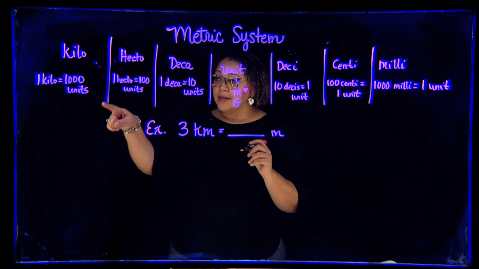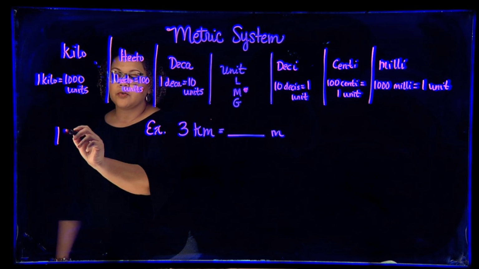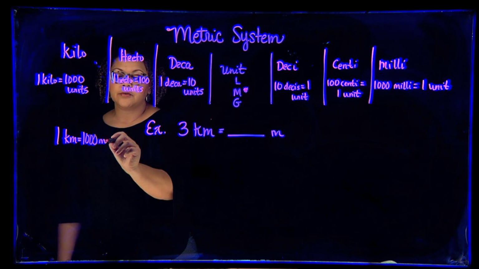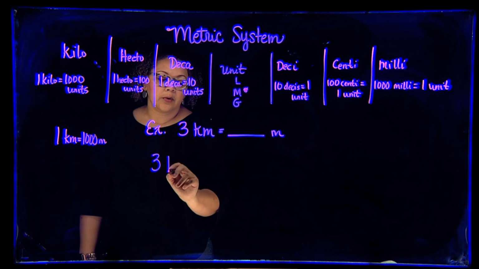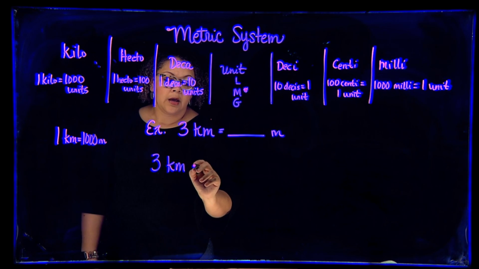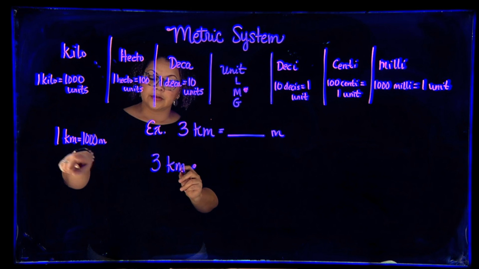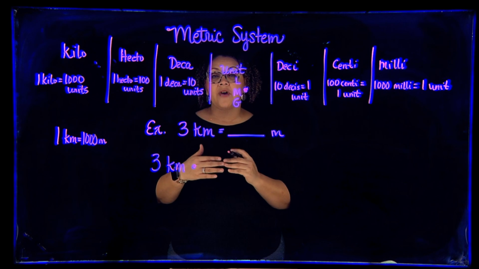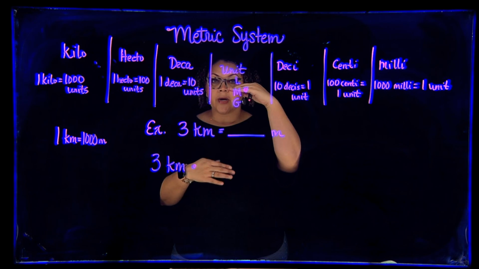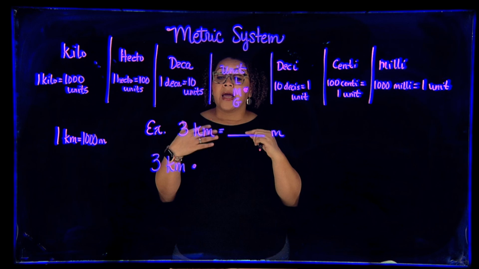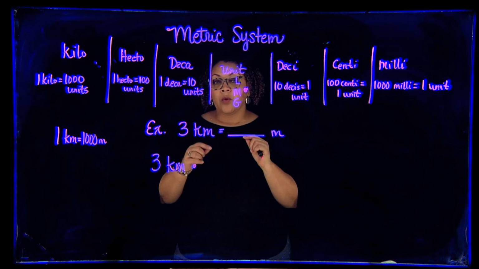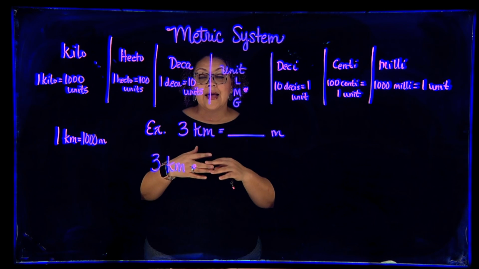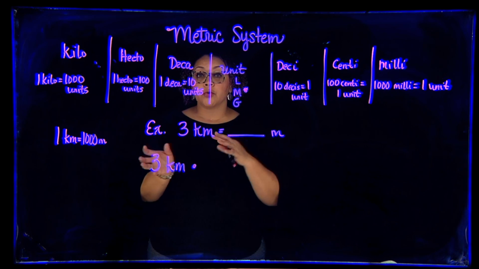So that is saying that in 1 kilometer, I'm going to write my conversion over here to the side, there are 1,000 meters. So I write what I'm starting with, which is 3 kilometers, and I'm going to write my conversion as a ratio. A ratio means that I'm going to write something as a fraction. A fraction has a numerator and a denominator. And when I'm doing a unit conversion, I want to put the part of this ratio in my numerator that has the unit that I'm trying to convert to.